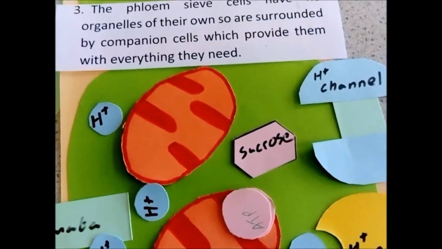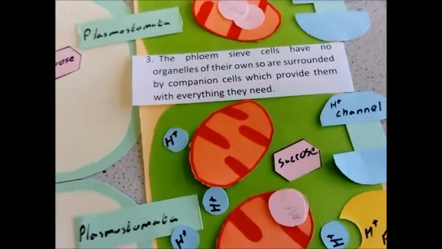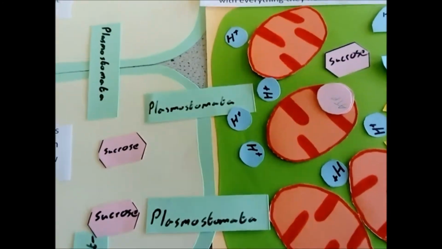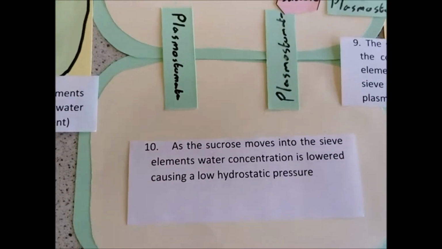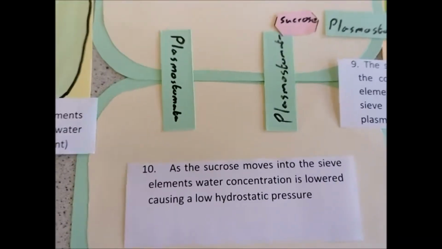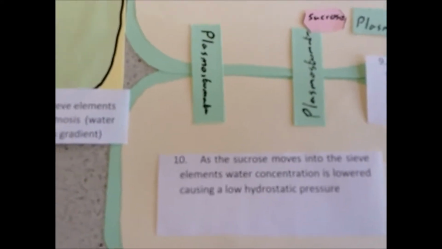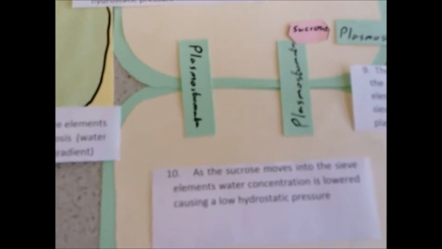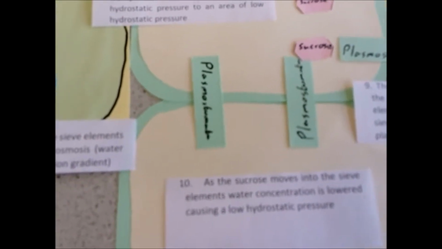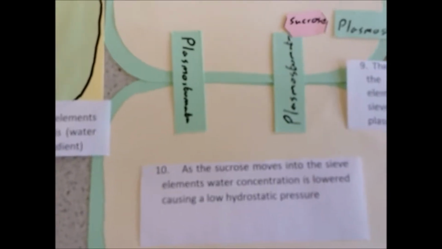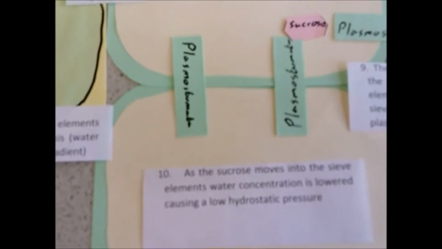So this increases the concentration of sucrose in our phloem sieve elements. As the sucrose moves into the sieve element, this causes the water concentration in the sieve elements to become lower. So your water concentration in the phloem sieve element is going to be considerably lower than it will be in the xylem.